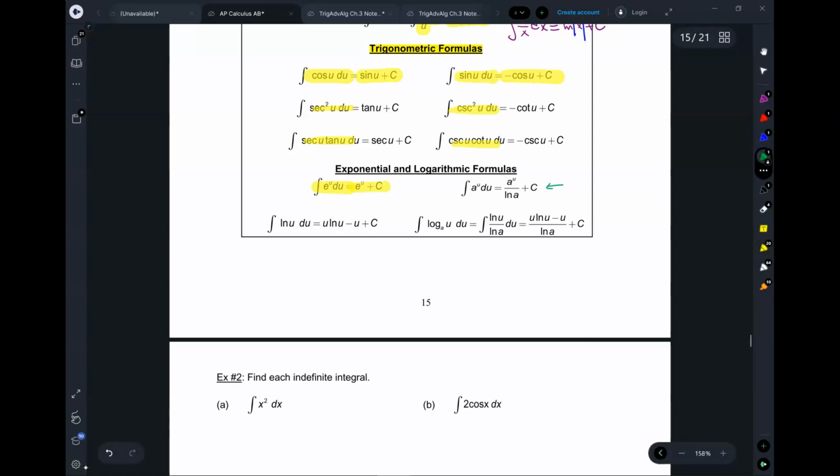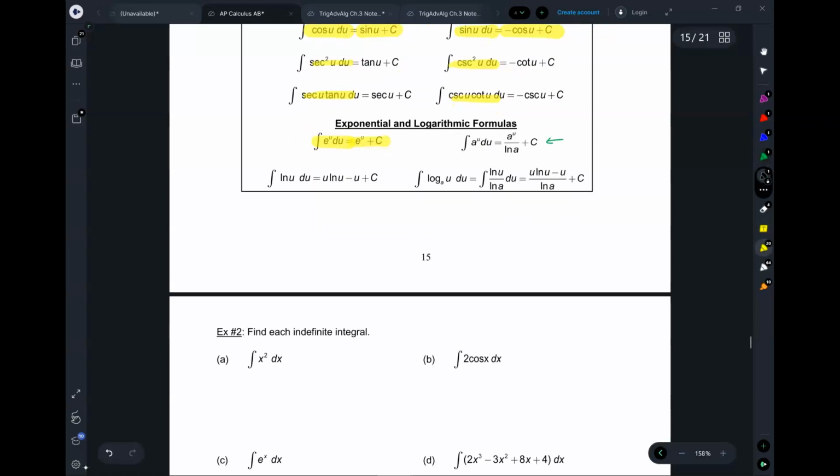This is the only one we're going to ignore for the time being. However, these are some new ones that I'm going to throw at you. The integral of ln of u du is u ln of u minus u plus c. Okay, do me a favor. We do not question these. There is math behind them, a lot of math, but we don't question these.